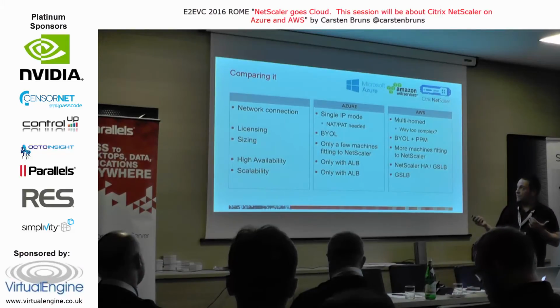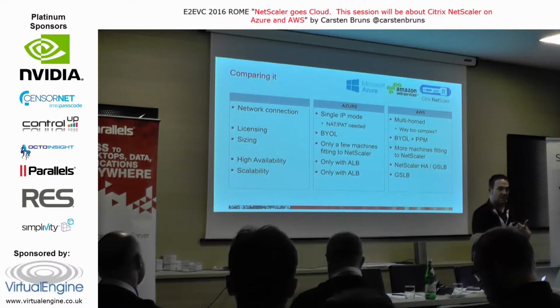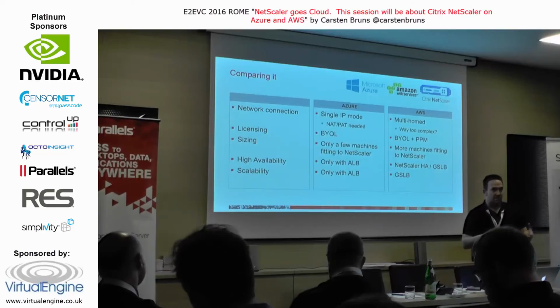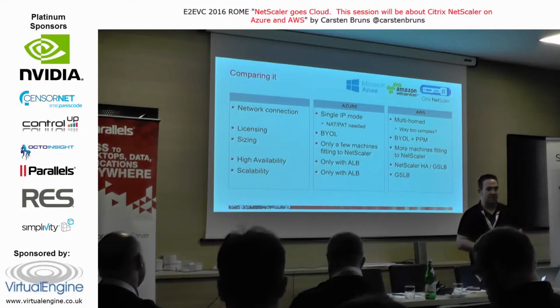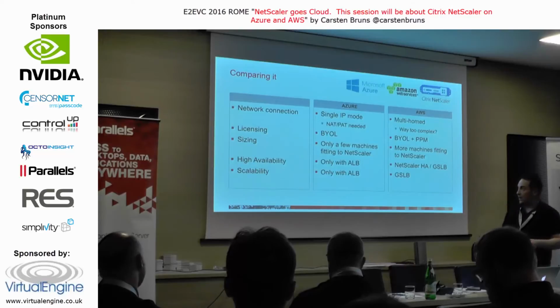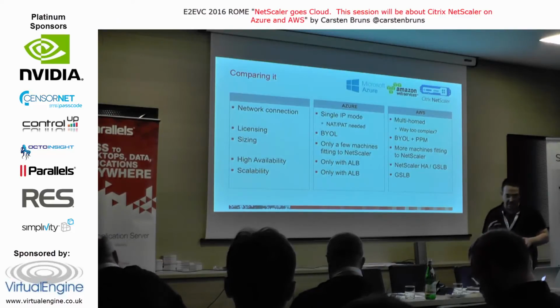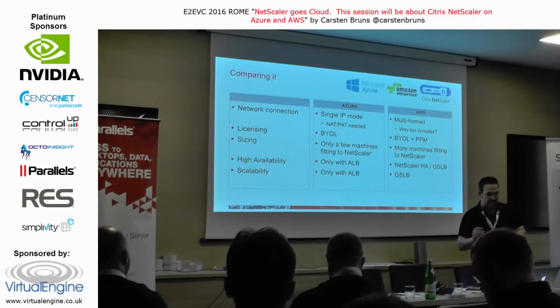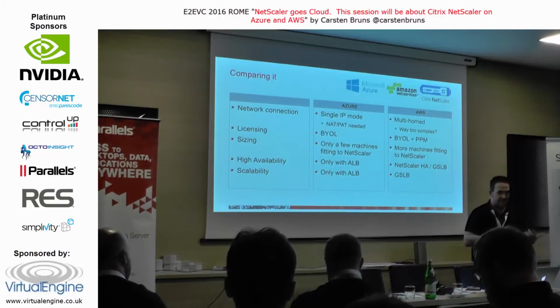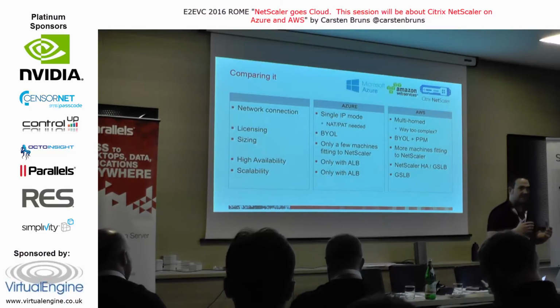I think I will prefer Azure if you want easy deployment of your NetScaler. You have the licensing. I've already talked about it. About the sizing, I think AWS systems fit NetScaler much better than the Azure ones do. Because the machines on Azure and the sizing of these machines are not really good for NetScalers.